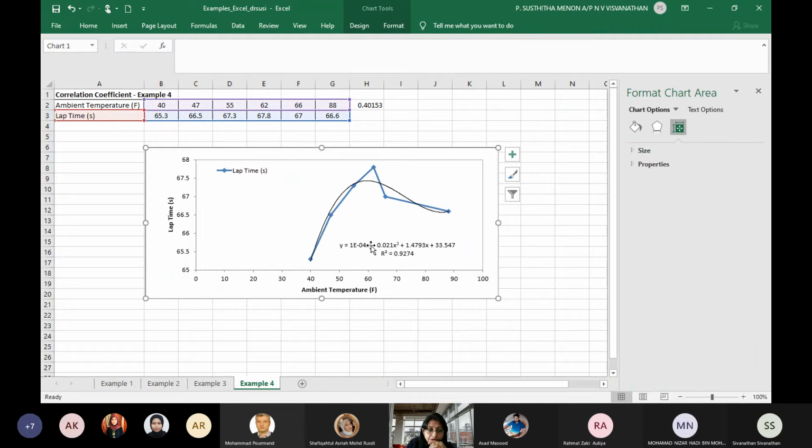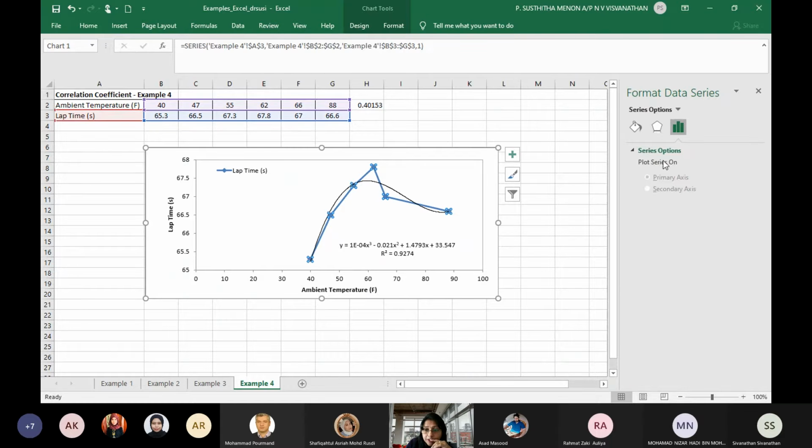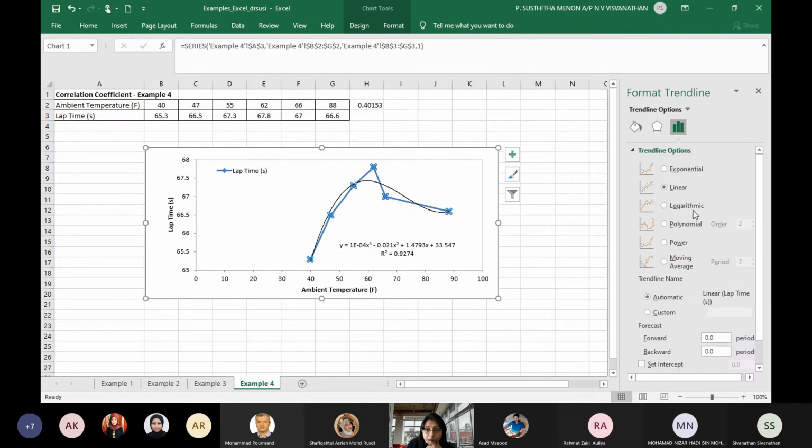Okay, so this is a method of regression. If you look at the data point just now, okay, there are various types of trend line options for you to have an equation, and also it gives you your confidence level, your R squared value. So the higher the R squared value, the more accurate your prediction is.